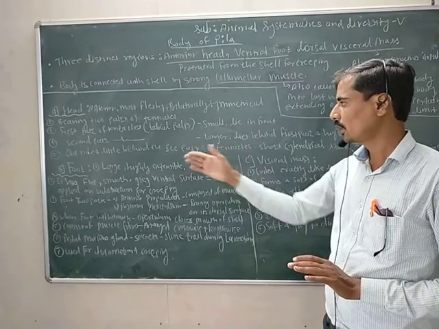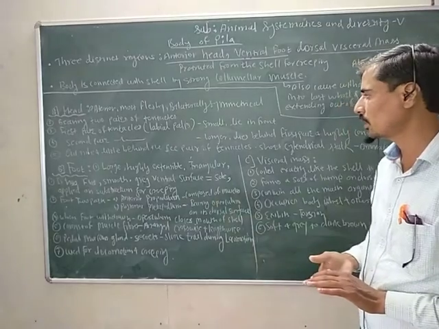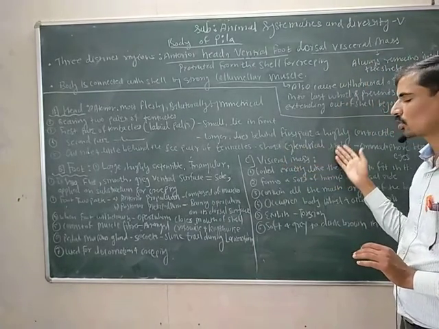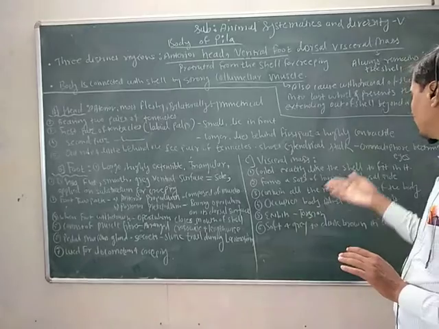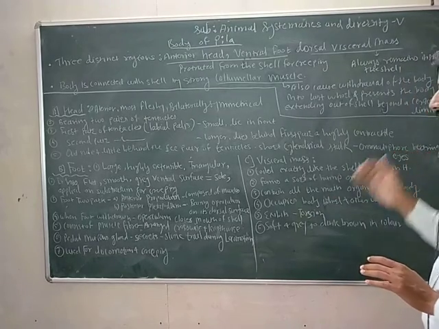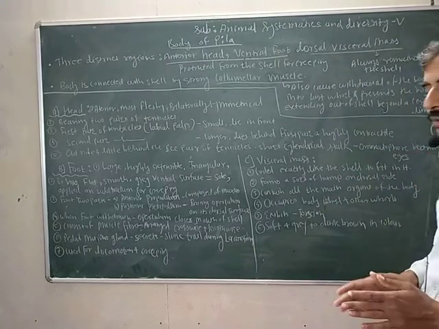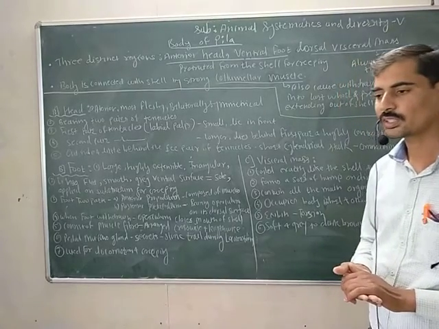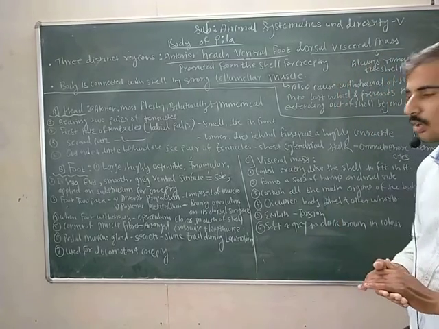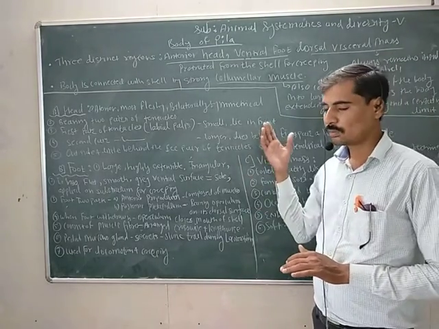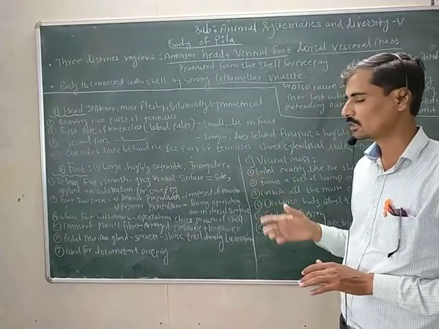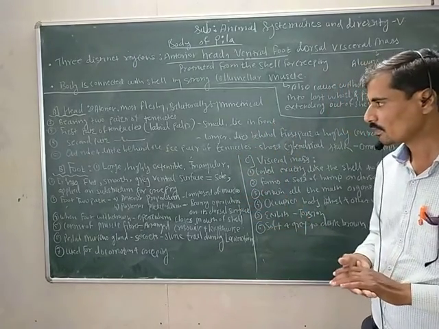Outside and a little behind the second pair of tentacles, there are short symmetrical stalk-like structures called ommatophores bearing eyes. That means the head of the Pila globosa consists of two important organs. The first organ is two pairs of tentacles, and the second is the eyes.